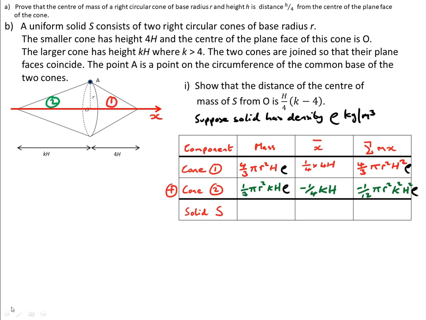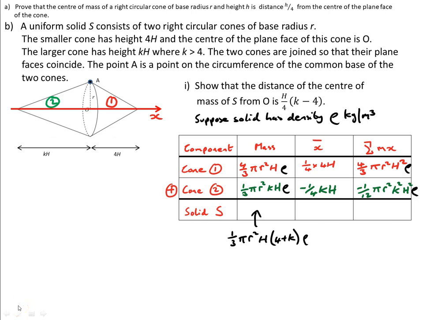Moving to the combined solid, by adding the results of the mass and the sum of the mx's for cone 1 and cone 2, the total mass of the solid S is 4/3 pi r squared h rho plus 1/3 pi r squared k h rho, which simplifies down to 1/3 pi r squared h times (4 plus k) times rho.